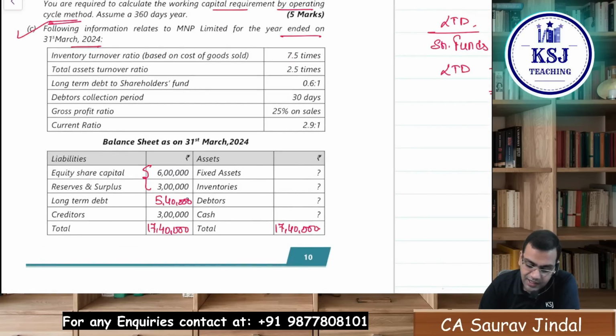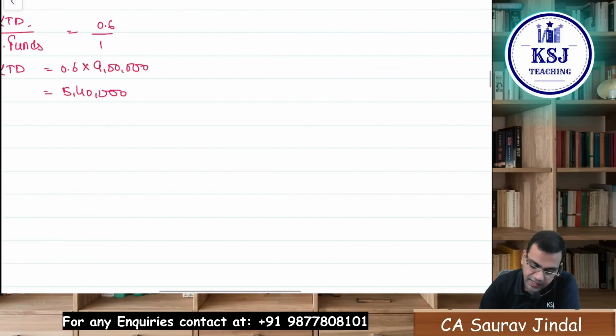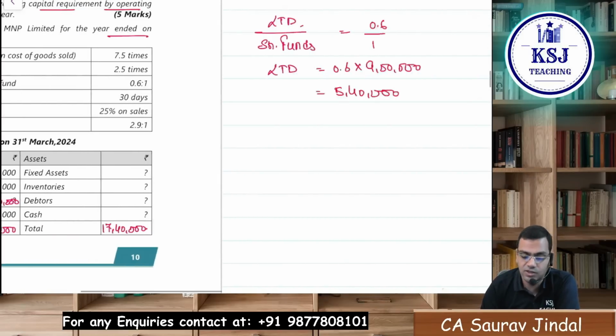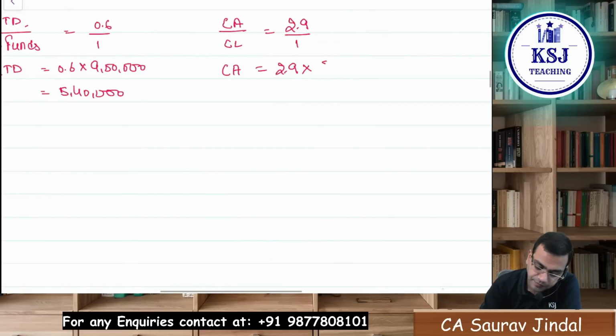Next, total assets turnover ratio is given, then gross profit is given, current ratio is given, sir. Current ratio is current assets divided by current liabilities, 2.9:1, right? So he says current assets divided by current liabilities is equal to 2.9:1. So can I say current assets is equal to 2.9 multiplied by, what is the current liabilities here? Current liability is only these creditors of 3 lakh rupees.